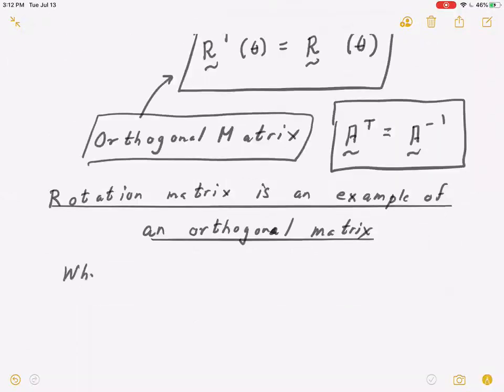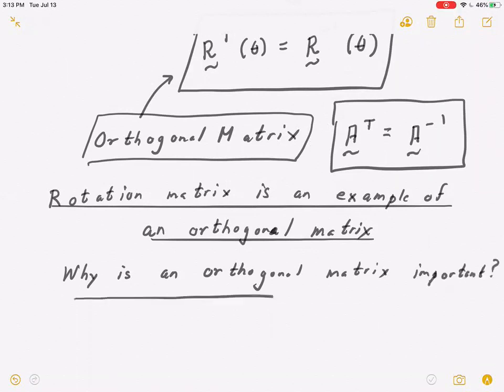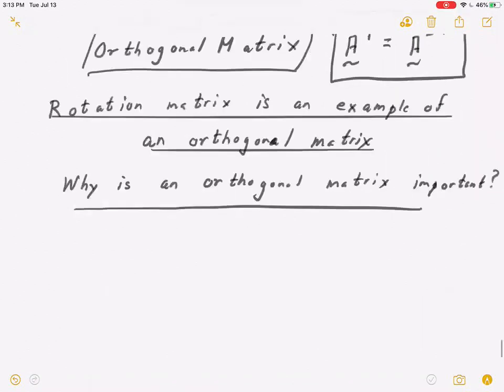So what's the big deal? Why is an orthogonal matrix important? Does it have some other underlying property that makes it very, very useful in linear algebra? And it does. We'll write this down and prove it in a minute.